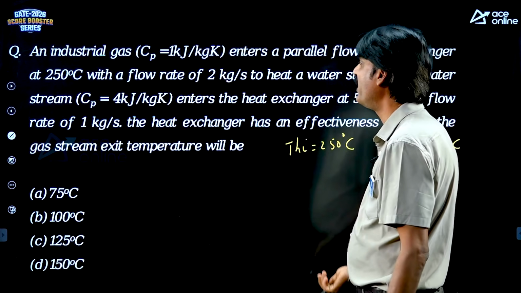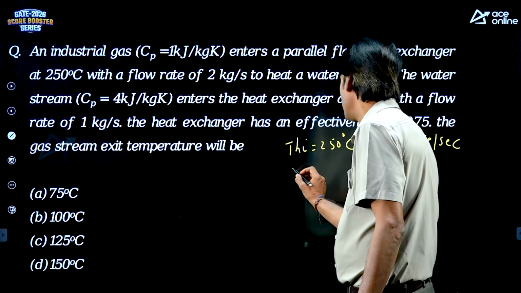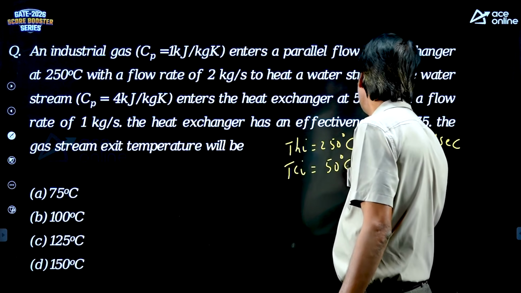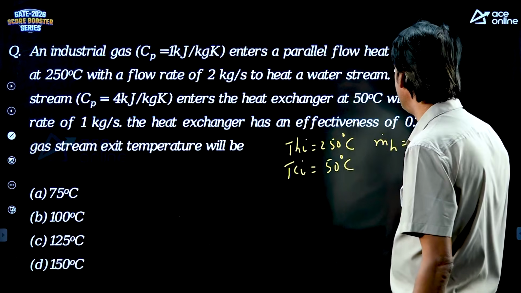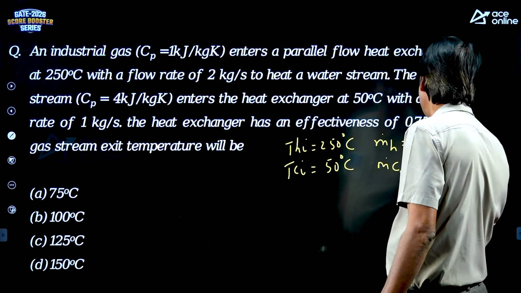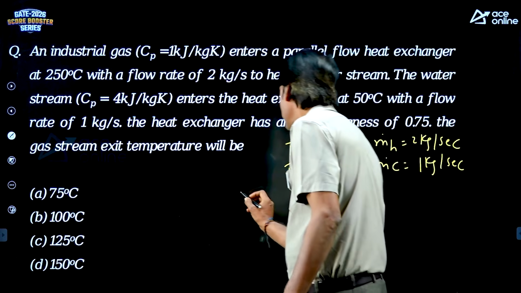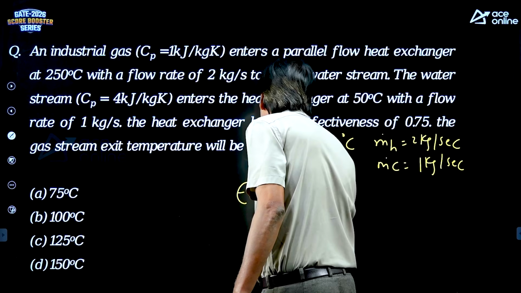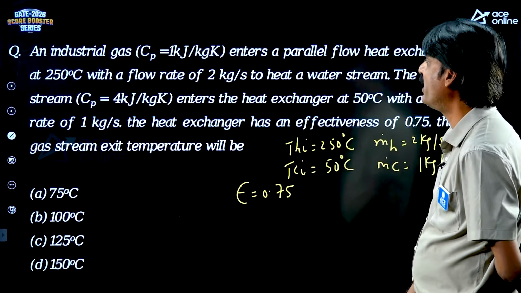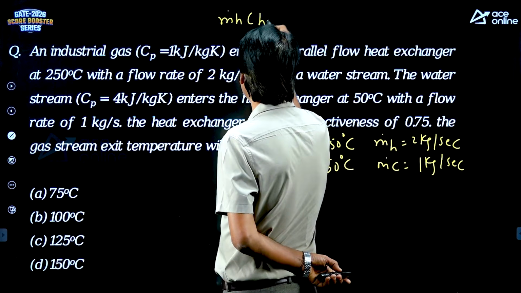Water having specific heat 4 kilojoule per kg K enters the heat exchanger at TCI of 50 degrees centigrade with a flow rate of 1 kg per second. The heat exchanger has an effectiveness of 0.75. The gas stream exit temperature is? First, write m dot h into CH.